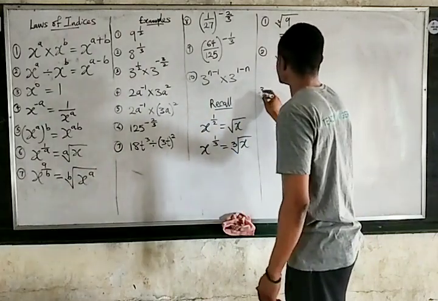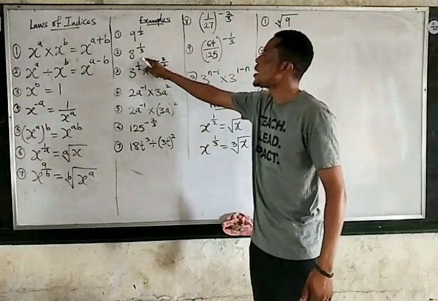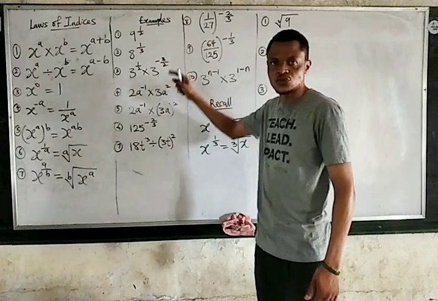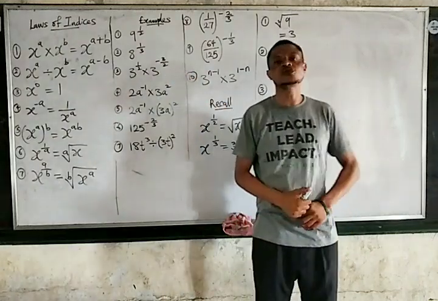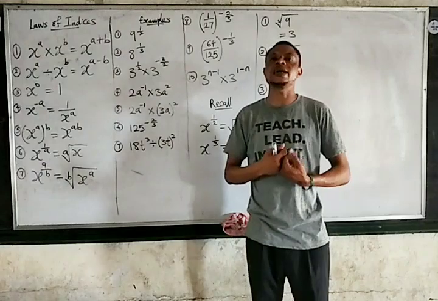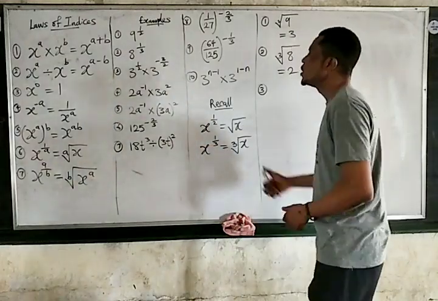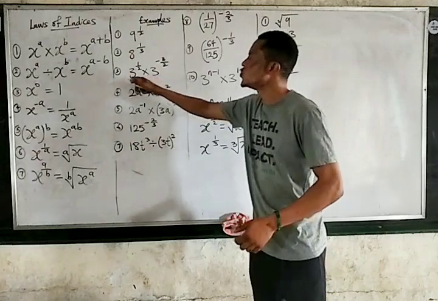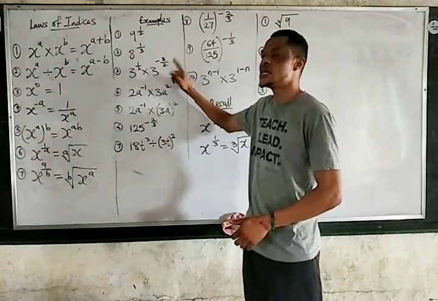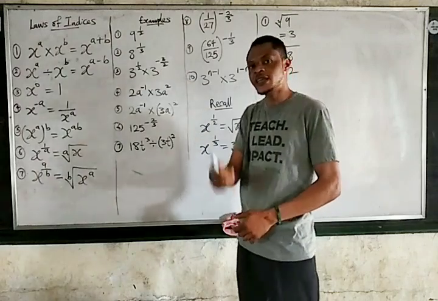Now to the third one. 3 raised to the power 1 over 2 multiplied by 3 raised to the power minus 3 over 2. There are a series of ways to solve it, but because of the time of the video, I've decided to pick a very simple method of solving this kind of question. We have our base here to be 3 and 3, and our power is given here. So we can quickly make use of the first law of indices.